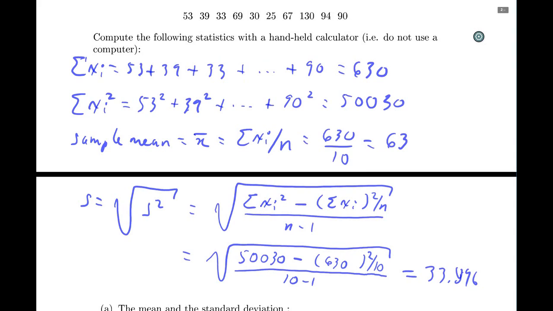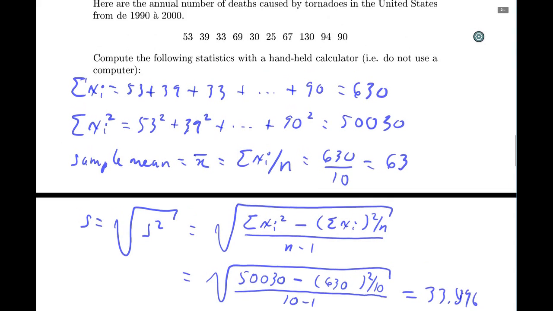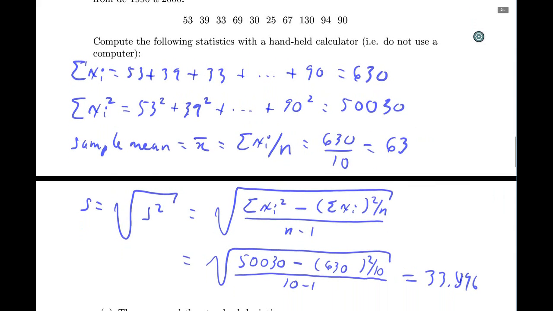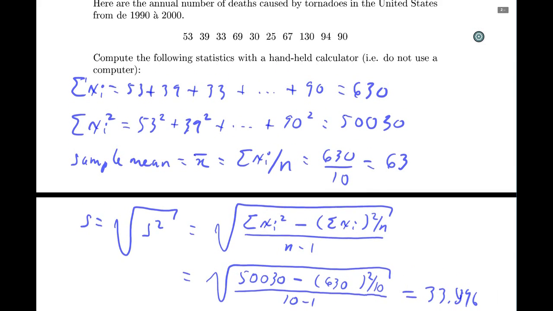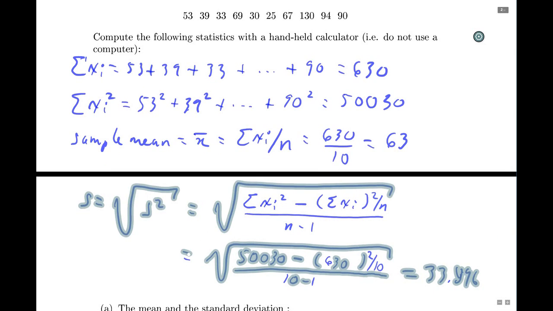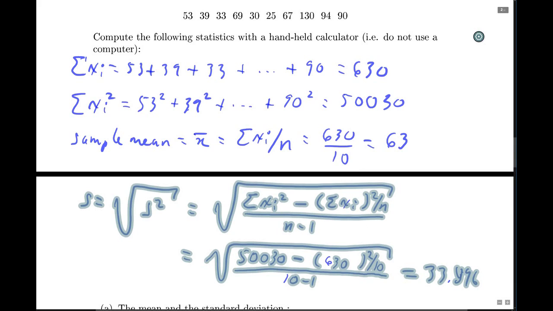Alternatively, what we could do is go back to the definition of a sample variance and the sample standard deviation and compute it from the definition. It's a bit more tedious, but it is a reasonable way to compute it as well. And so what I'll do is I'll erase my work.